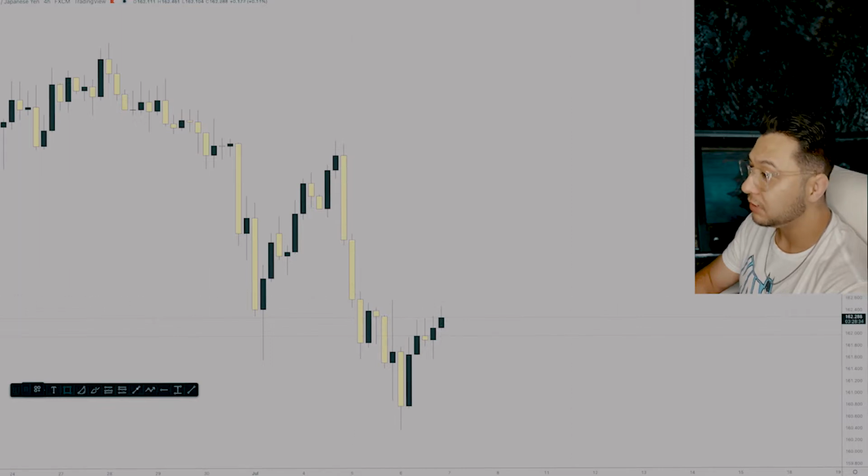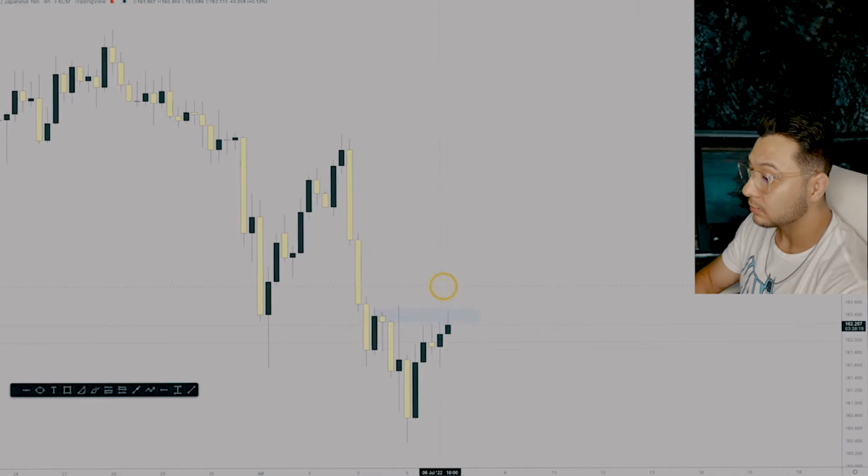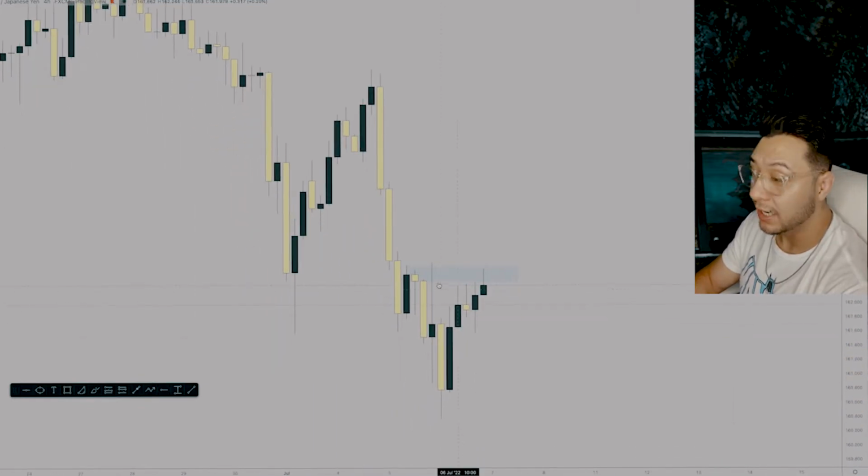So we can see a few things. One, we're going to start with this current area right here, and I'm going to mark up this higher area as well afterwards. But first, we can see an area right here where I am marking this now. Now you may be wondering, why is this an area of supply?